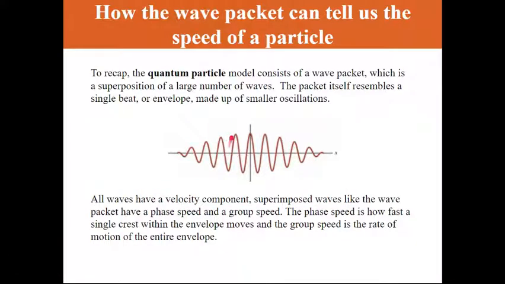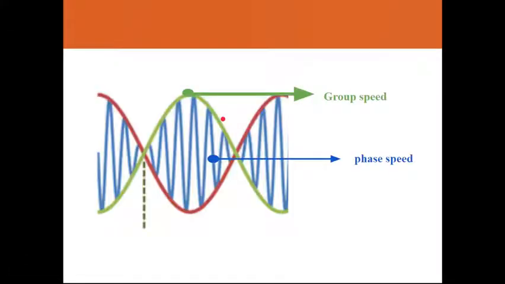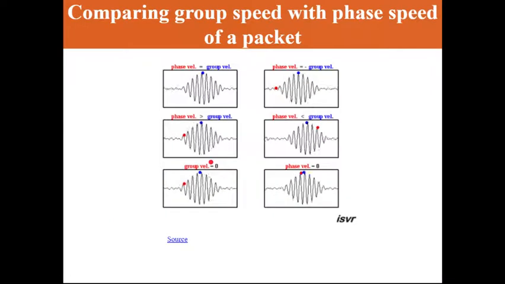There's a phase speed, which is the speed of one little wavelet moving left or right, and then the group speed, which is the speed of the overall envelope of the whole beat moving left or right. So the whole packet moving is defined by the group speed, while the part within the envelope moving is the phase speed.